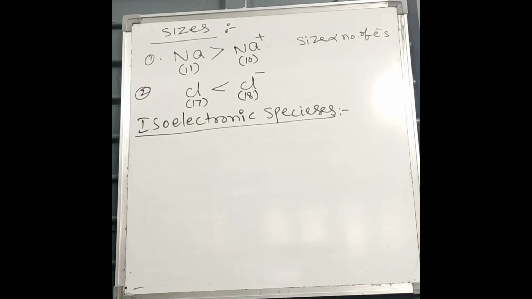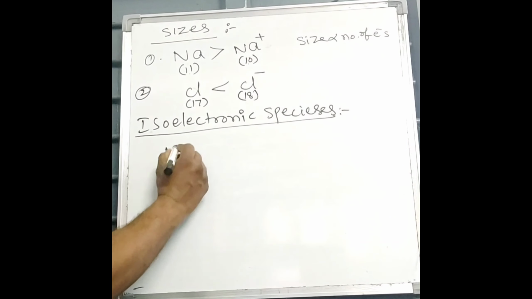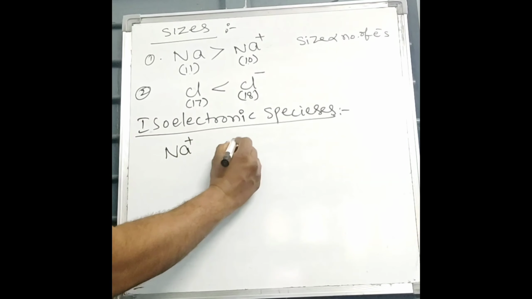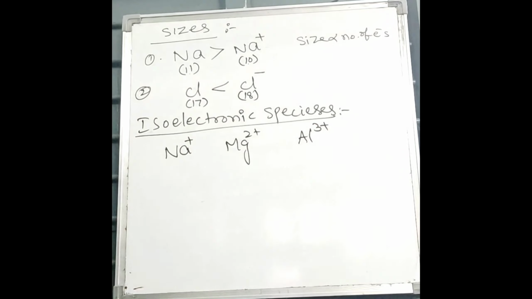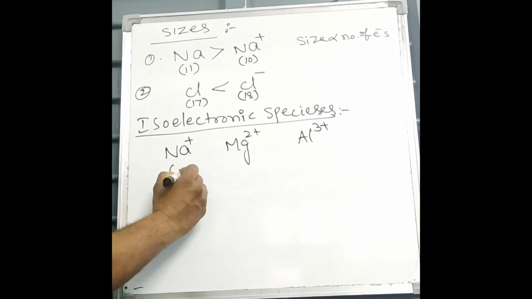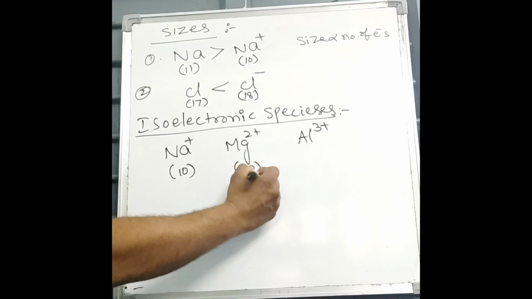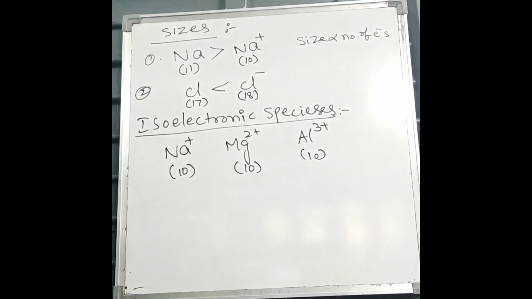For these, how can we compare the size? For example, Na plus, Mg2 plus, Al3 plus. How many electrons are there here? 10 electrons. Here also 10, here also 10.